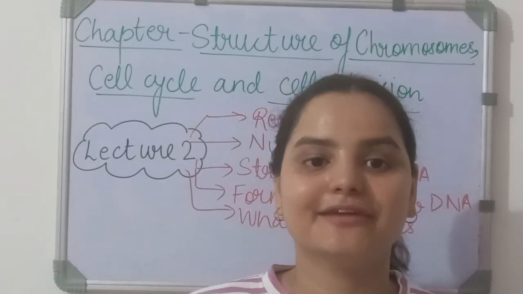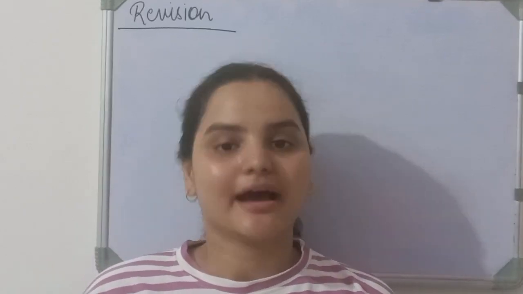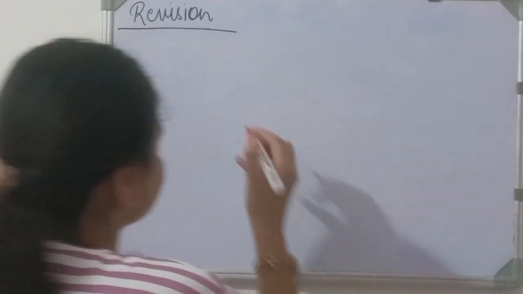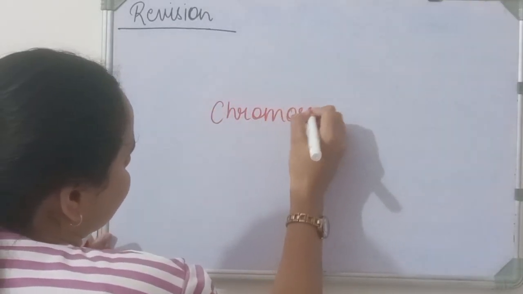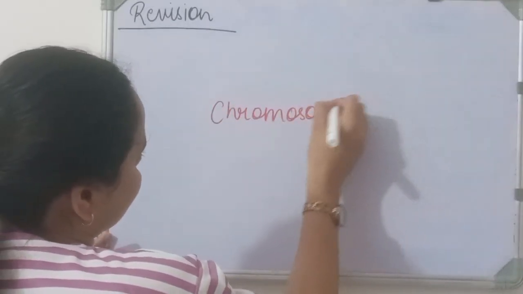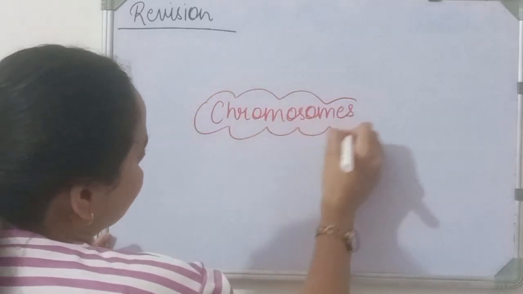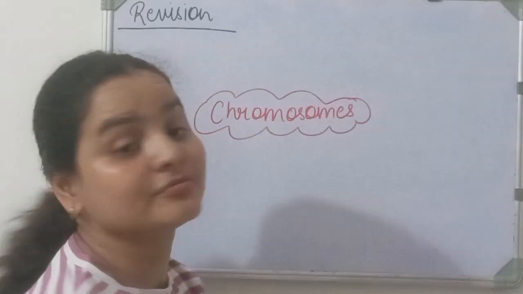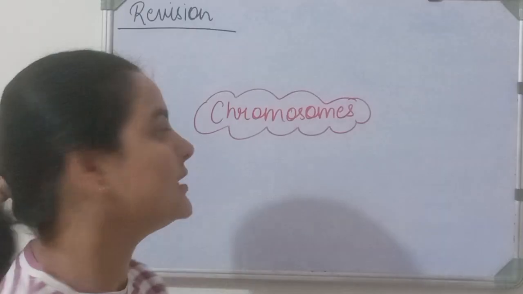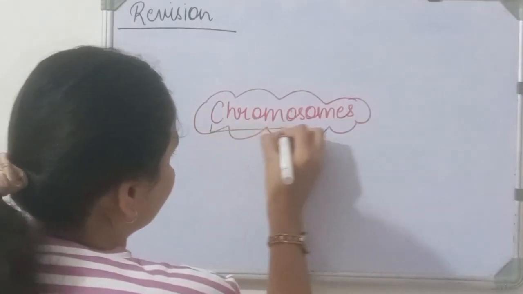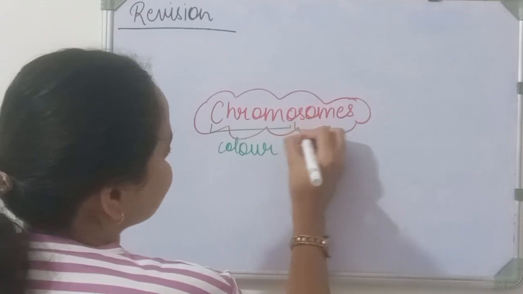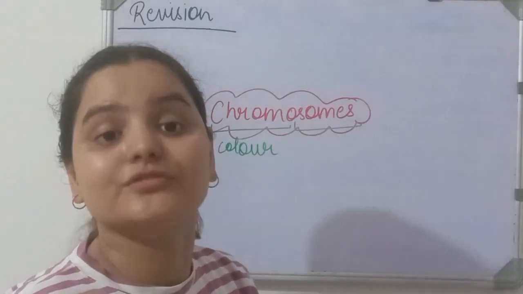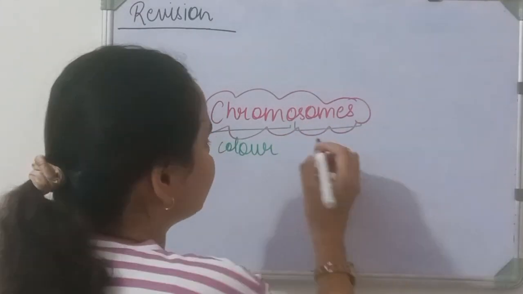Okay, so let's begin. In our first lecture we studied chromosomes, so let's revise chromosomes. This word chroma means color, and zoma means body.